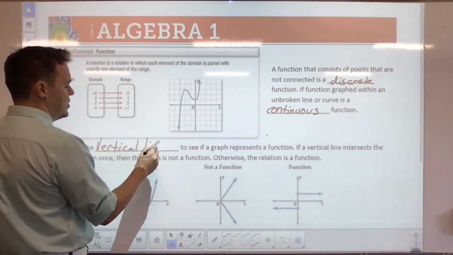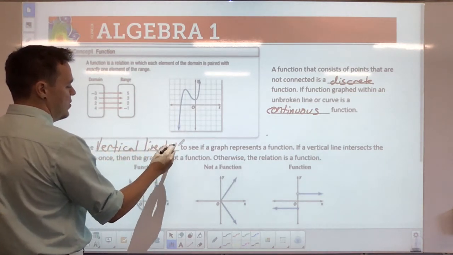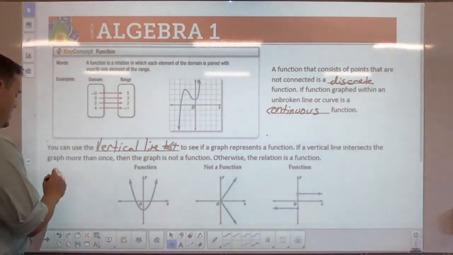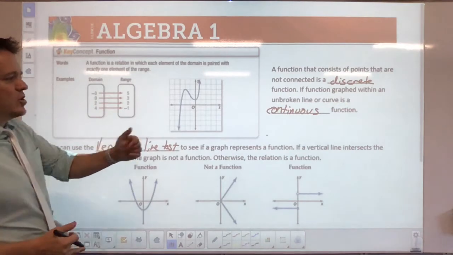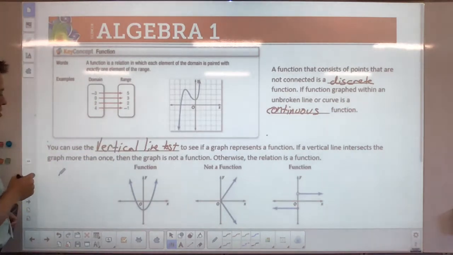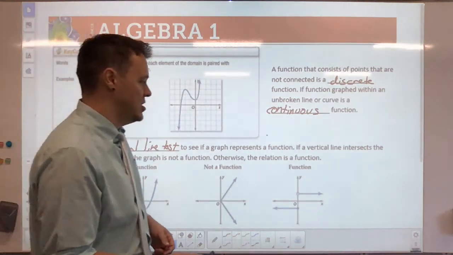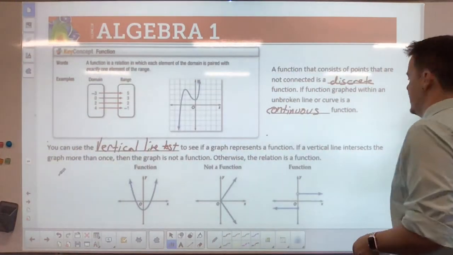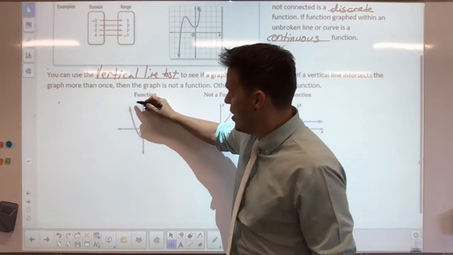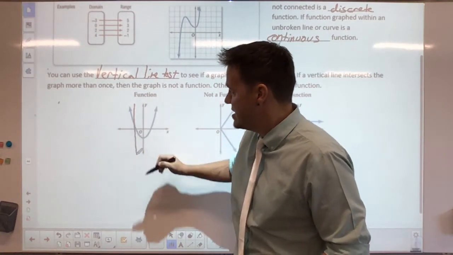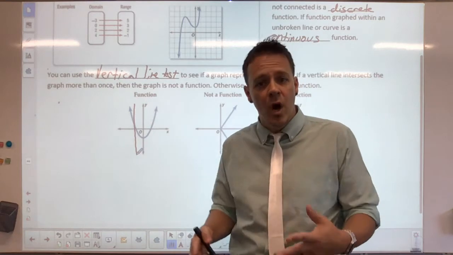Now, I put this in early because, ladies and gentlemen, I want you to understand what that actually means, okay? If the vertical line intersects the graph more than once, then it is not a function. Otherwise, the relation is a function. Okay, so what that means, ladies and gentlemen, this is a function because if I draw a vertical line through this, it only crosses the graph at one point.